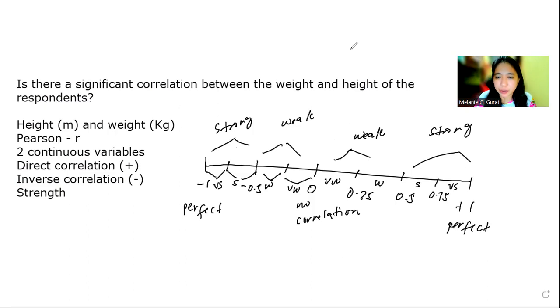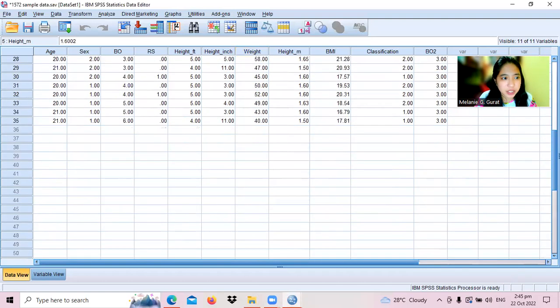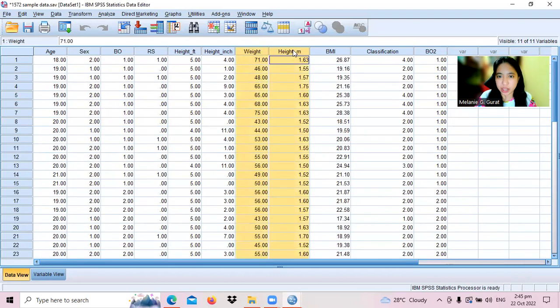So let's clear all drawings and let's go to our file. So here is our data. Let's check the number of respondents. We have 35 respondents. We will be using height and weight.